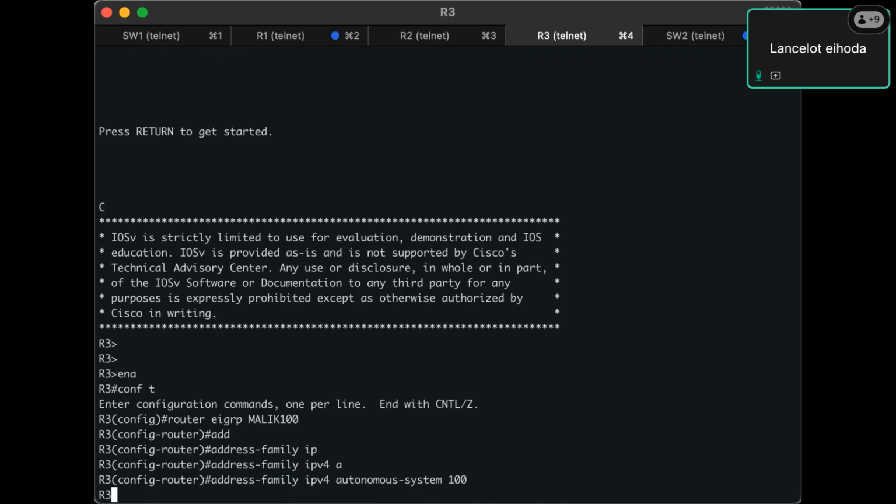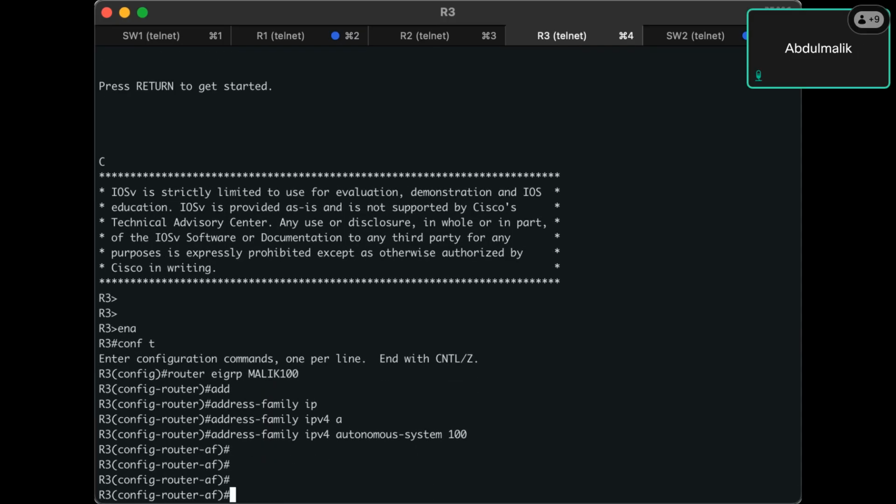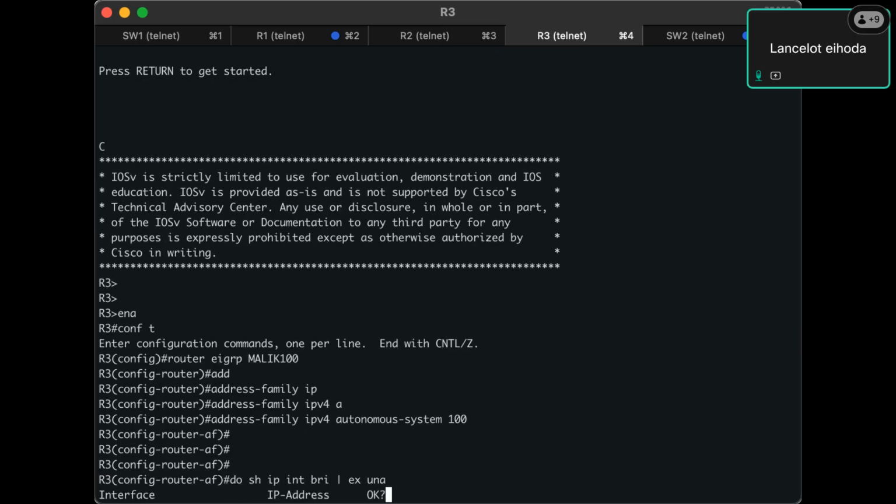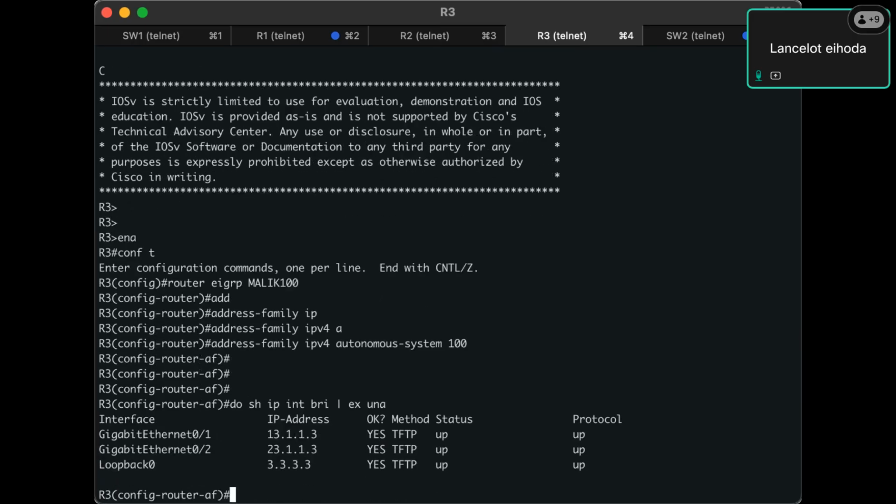Right? Yes, so this will be multicast. Okay. So as usual, I always do a show ip interface brief, pipe to exclude unassigned, so that I do not make mistakes, right?